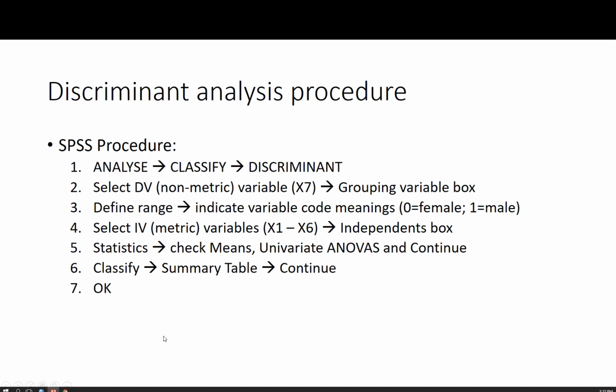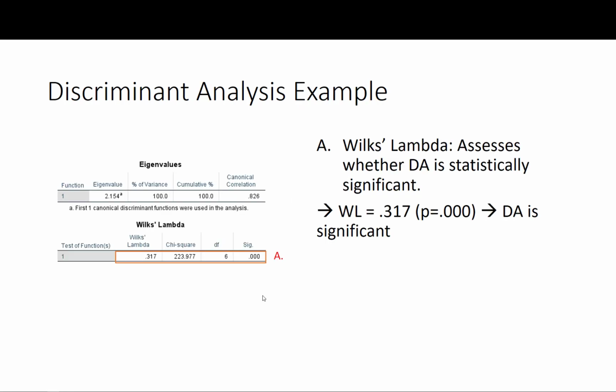So I will try and make it more understandable by showing it to you in the slides. So the first thing we need to look at is the Wilks Lambda table. This assesses whether discriminant analysis is statistically significant.